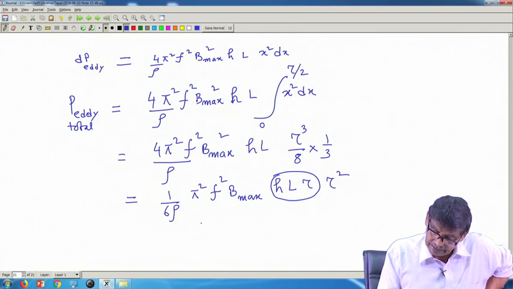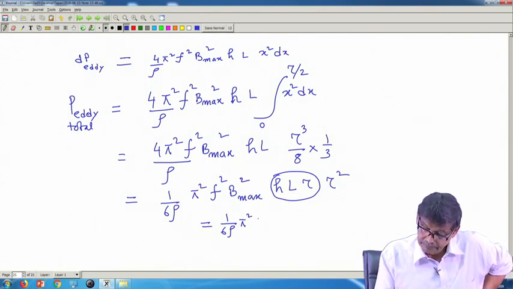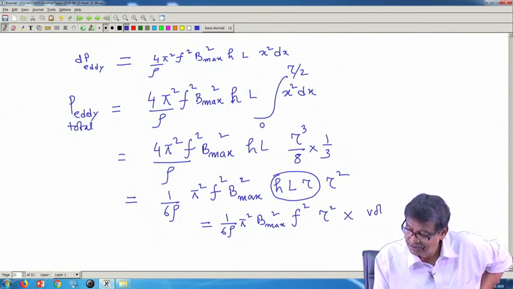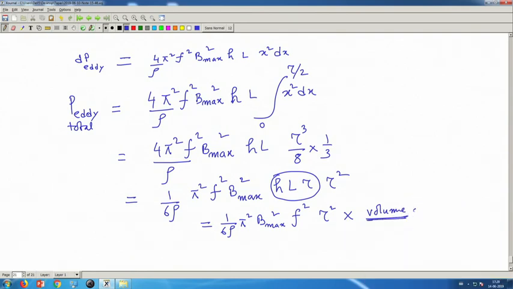Then I can write it as 1 by 6 rho pi square B max square f square tau square into H L tau, which is the volume of iron. So, the P eddy total is given by this.